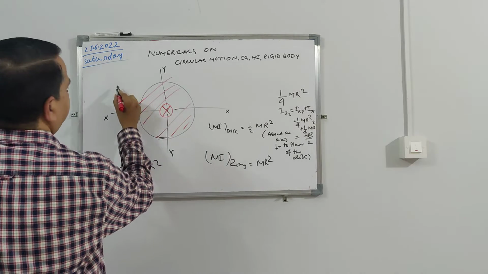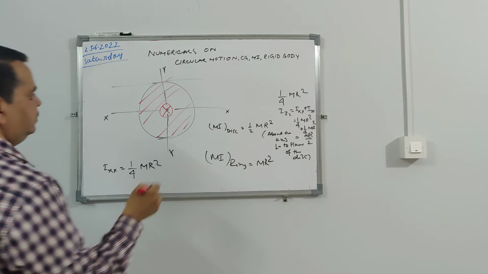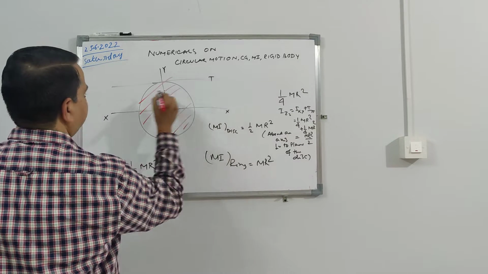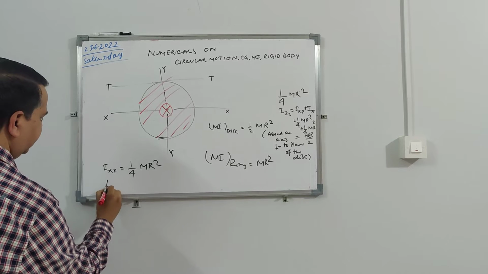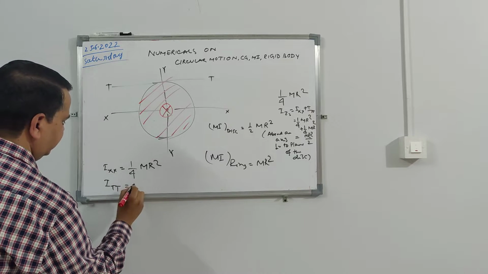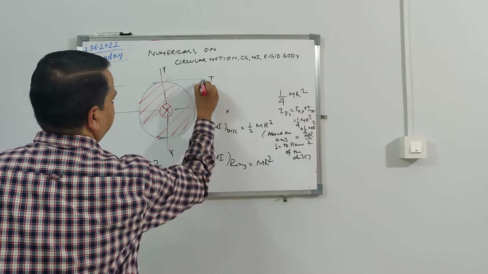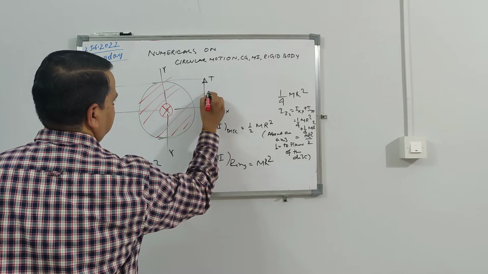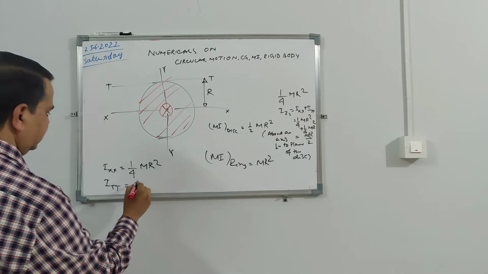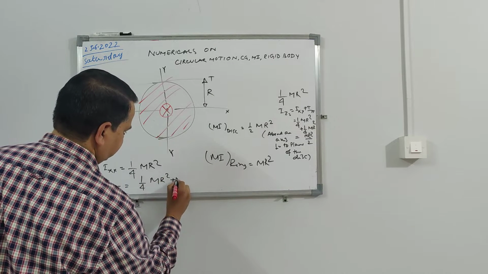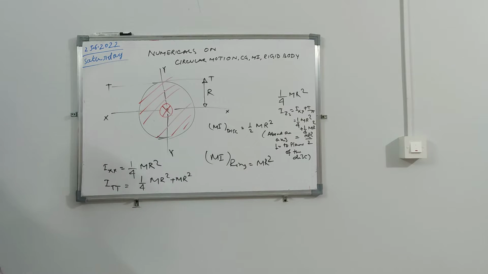If you draw a tangent, let us say this is TT, and somebody asks for the moment of inertia about this tangent, ITT, the distance is the radius r. So it becomes 1 by 4 mr square plus mr square. This is your parallel axis theorem.